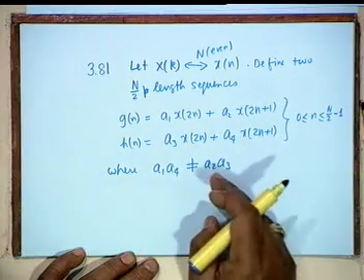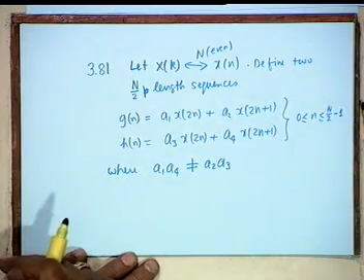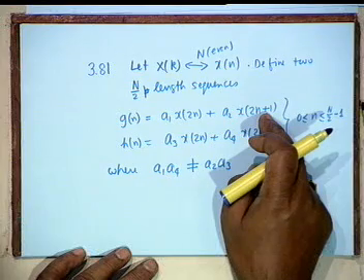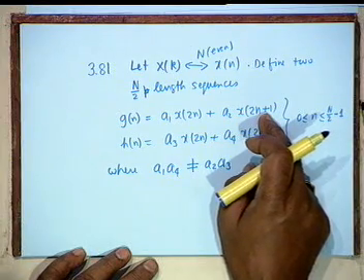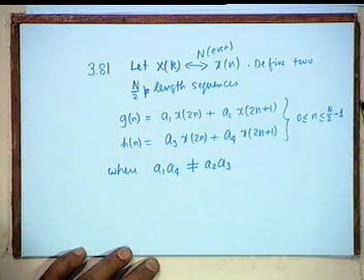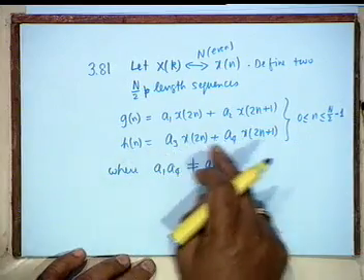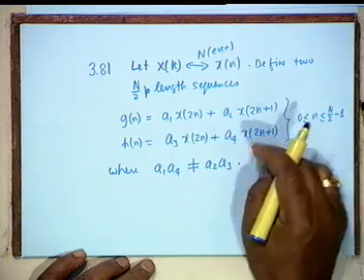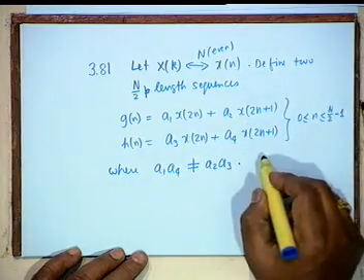So, g of n, how many points are there in g of n? N by 2 points, isn't that right? And h of n also has N by 2 points.